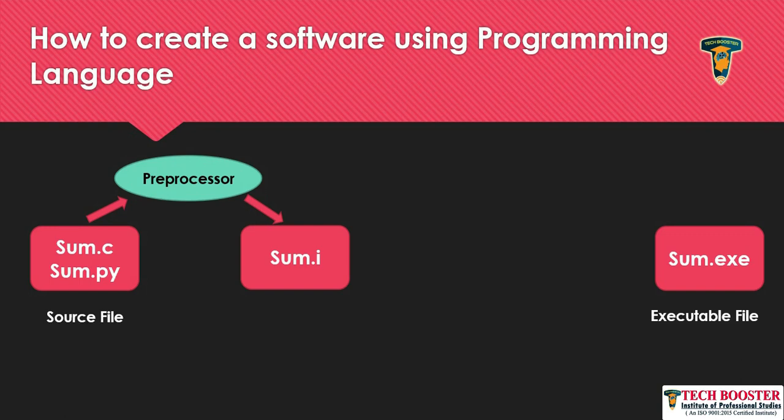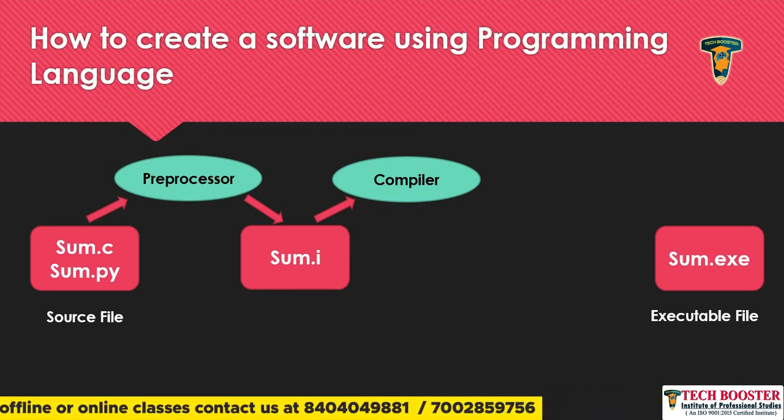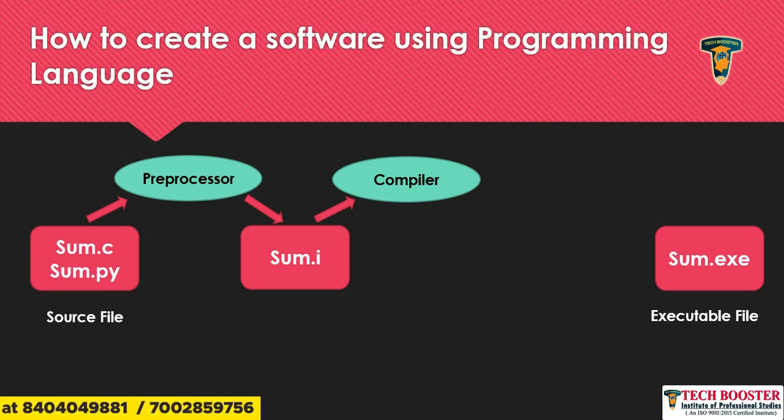Now even this .i file is not readable by our operating system. So what we'll do, we'll again pass this .i file through a compiler, and this compiler is very important. Depending on your operating system, you need to select a compiler. In the market there are various compilers available.